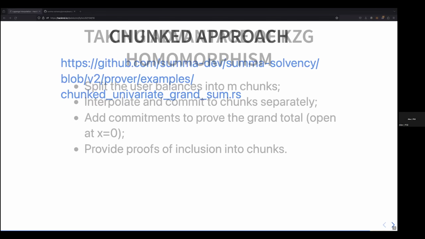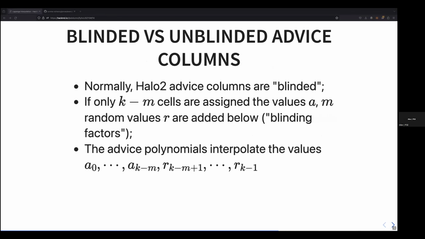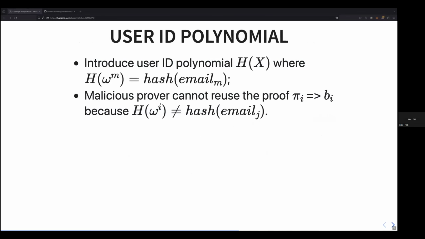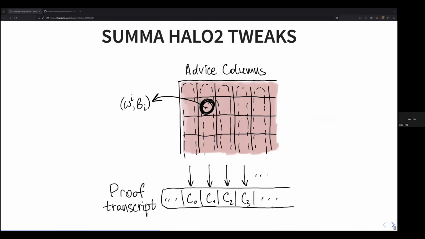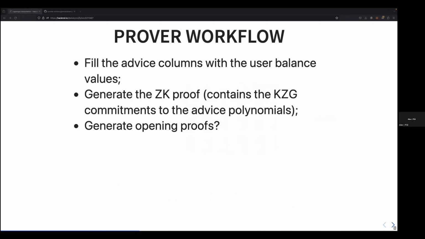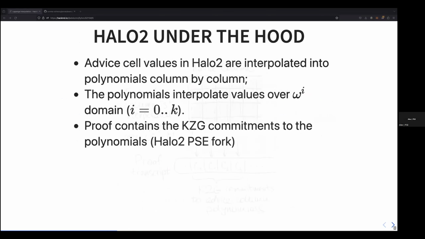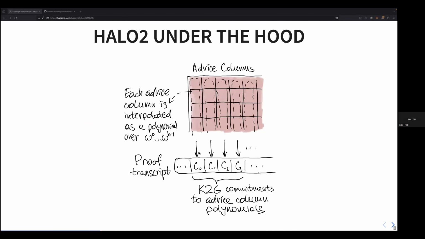Let's go back. If we take a look at the normal prover workflow, the prover needs to publicly provide the KZG commitments for everyone to observe. In this figure, these are KZG commitments to the separate balance polynomials.